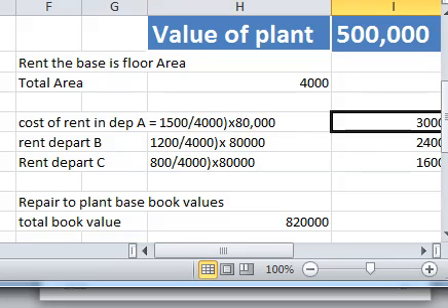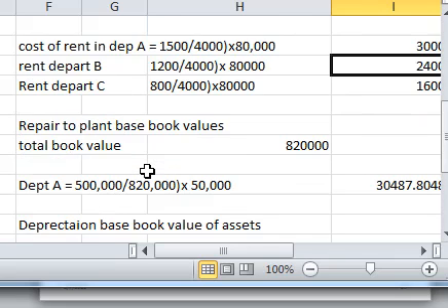Then you can get the rent for Department A. It's the same for Department B. You get the area occupied by Department B divided by the total area, then multiply by the rent expense. You get the rent for Department B. Department C is the same, and Department D.